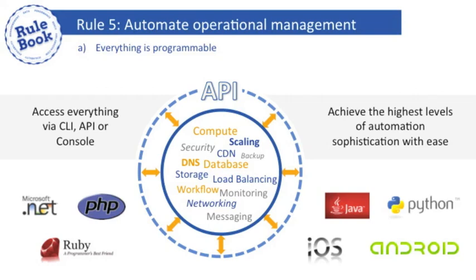So within AWS, everything is wrapped as a nice web service API, and those APIs are wrapped via CLI, command line interfaces. Your favorite programming language APIs will expose them, SDKs, and indeed our console is built upon those same APIs, so you can access everything programmatically, and you can therefore achieve sophisticated levels of automation with relative ease, whether it be in your favorite scripting language or your favorite programming language.